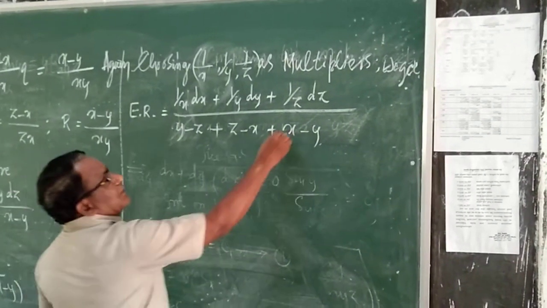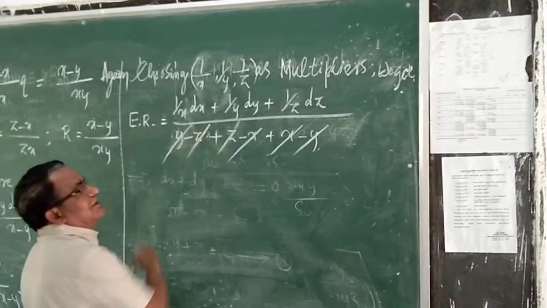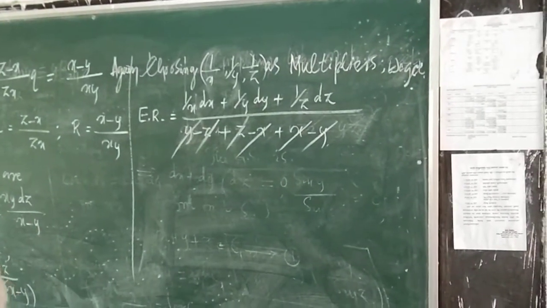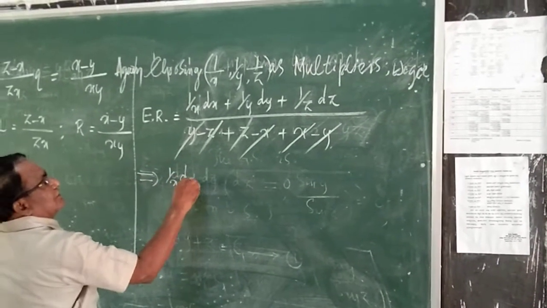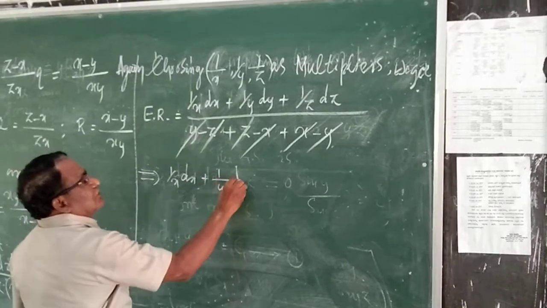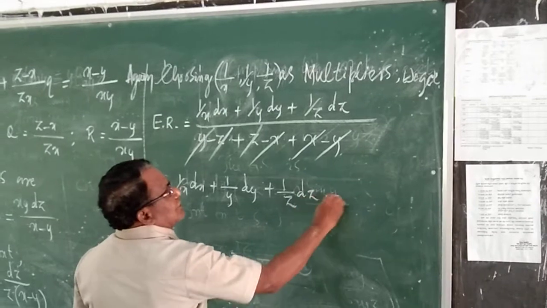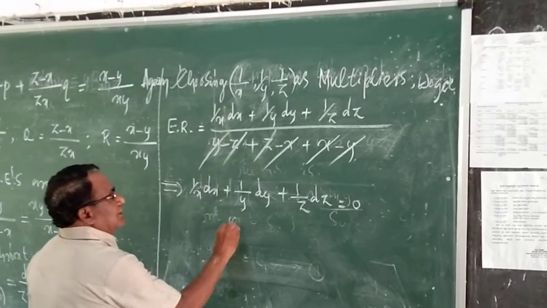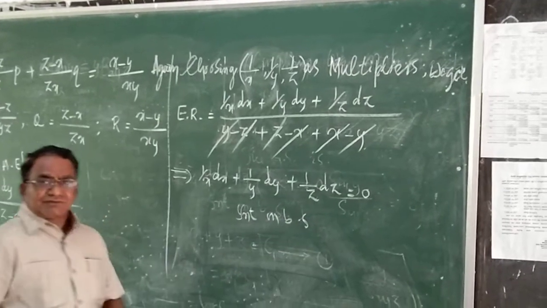And you can observe plus x minus x, plus y minus y, plus z minus z cancels. This leaves you 1 over x into dx plus 1 over y into dy plus 1 over z into dz is equal to 0. Integrate this on both the sides.